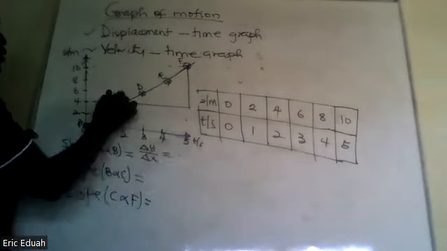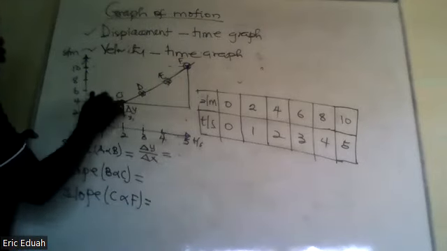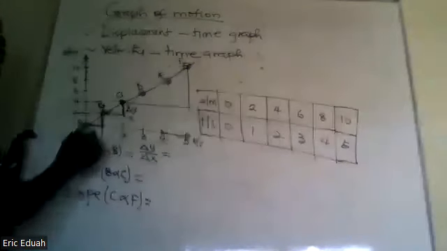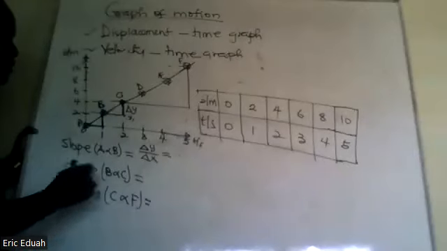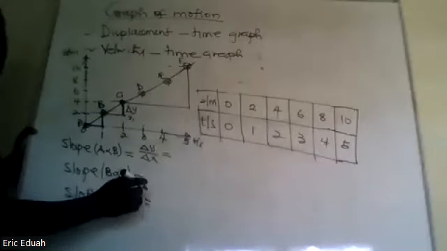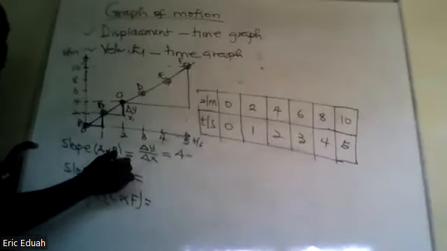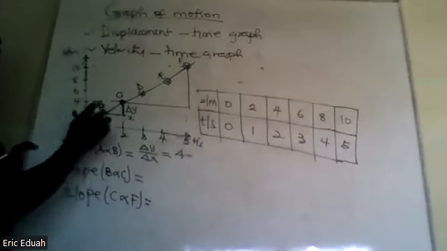Okay, but what's your Y2? Four. Come again. 4. So 4 minus, and then Y1. 2.